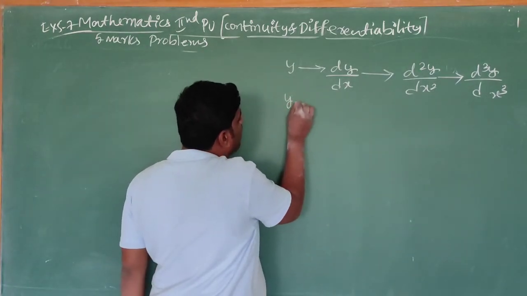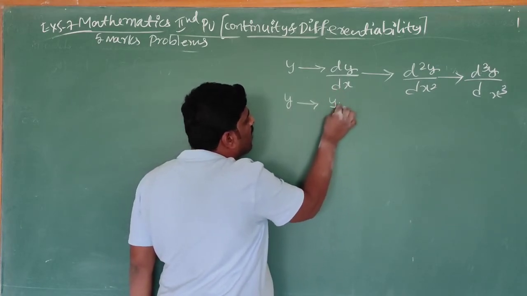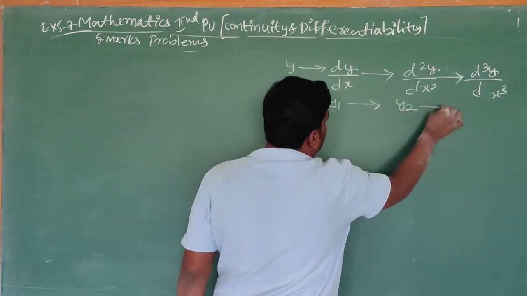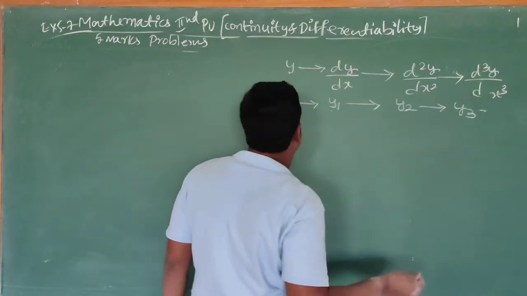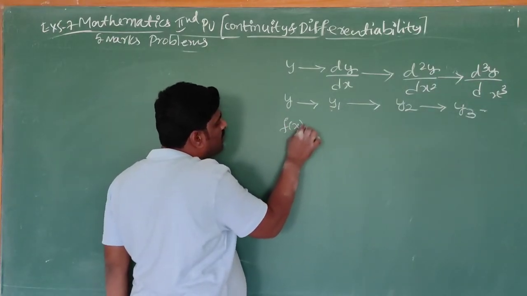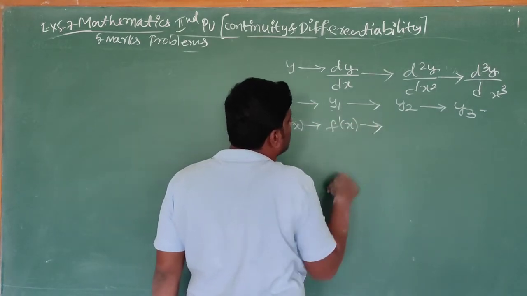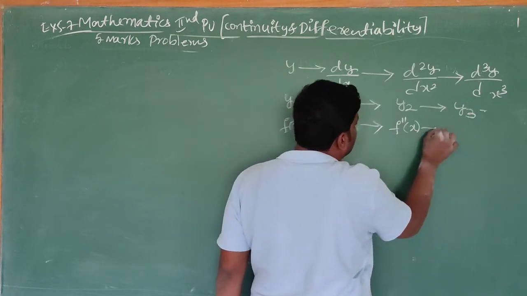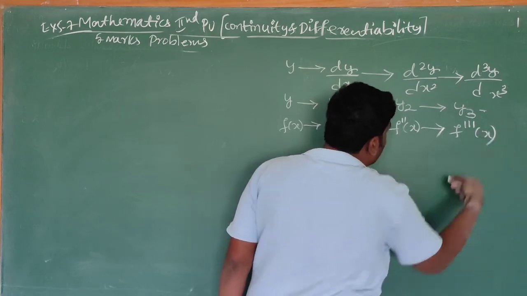So y differentiation, dy by dx, can be written as y1. y1 differentiation is y2, y2 differentiation is y3, etc. So y is equal to f of x. f of x differentiation is f dash of x. f dash of x differentiation is f double dash of x. f double dash of x differentiation is f triple dash of x.